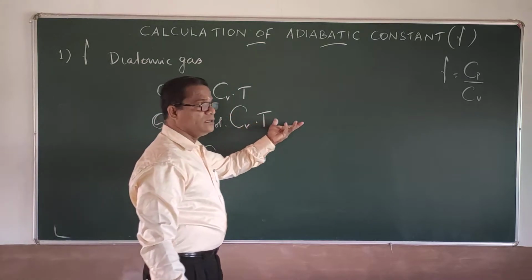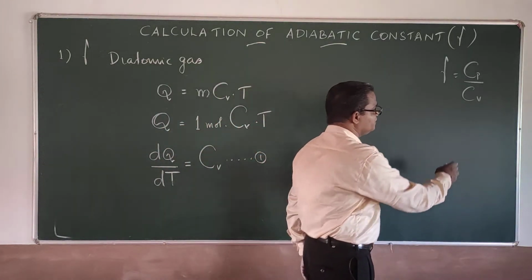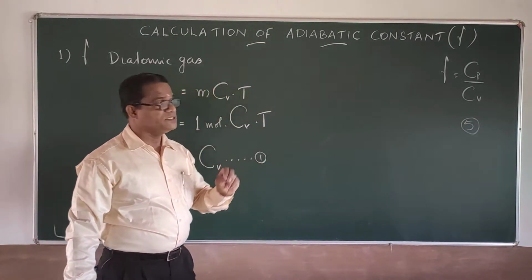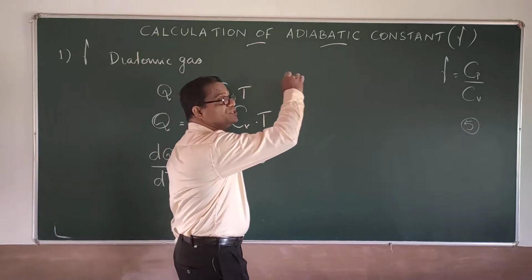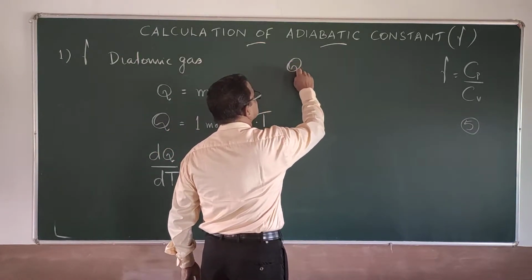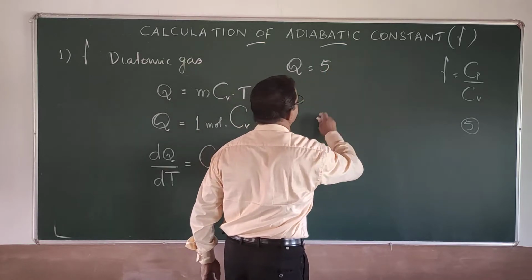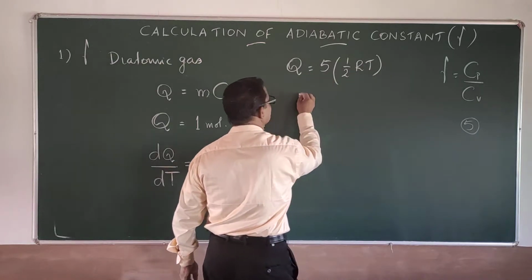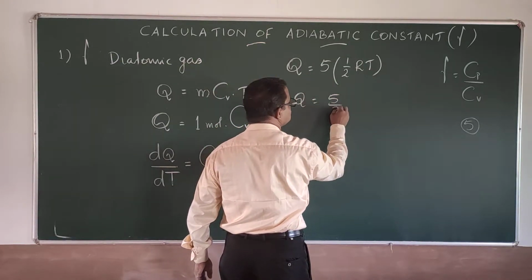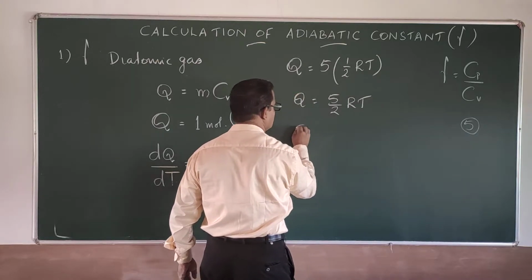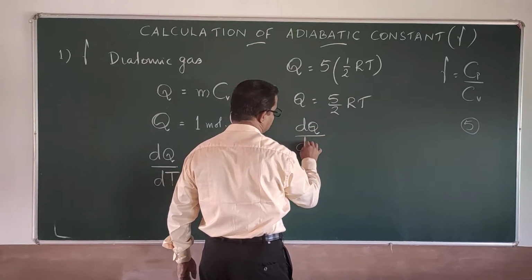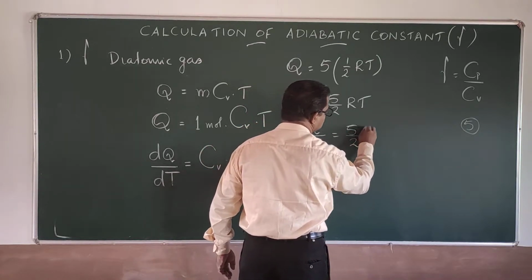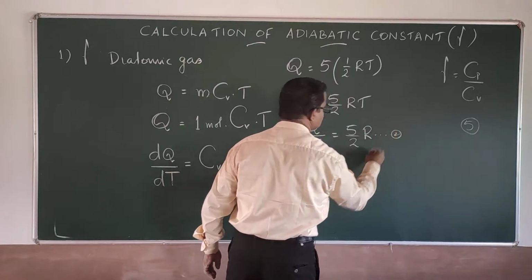Now, second one, for diatomic gas, the number of degrees of freedom is 5. Therefore, according to equipartition of energy, the energy associated with the gas must be 5 times half RT, and therefore Q equal to 5 by 2 RT, and therefore dQ by dT equal to 5 by 2 R. Equation 2.